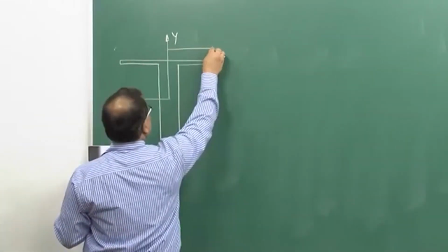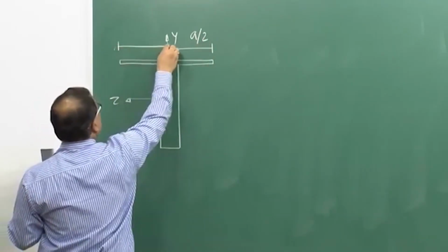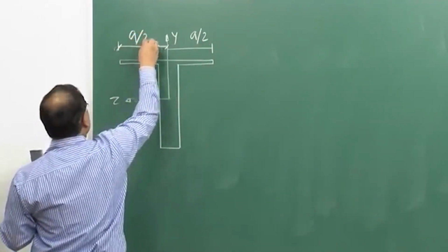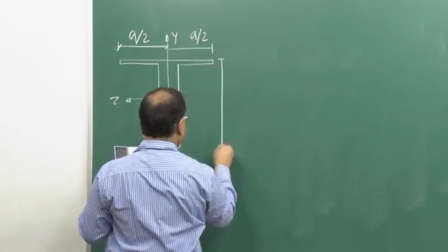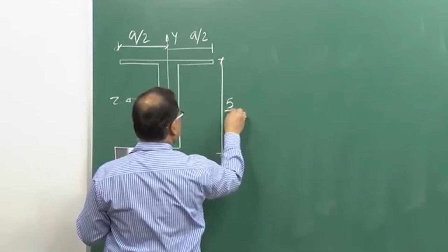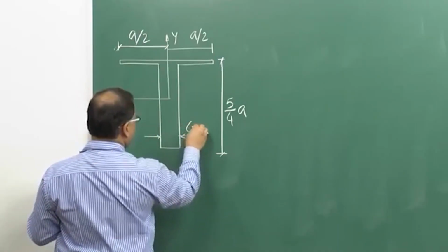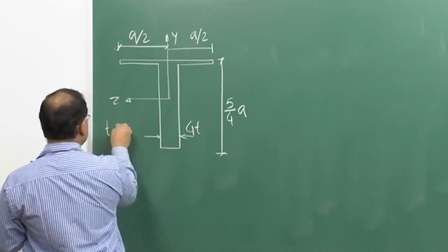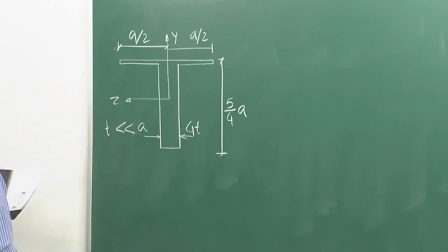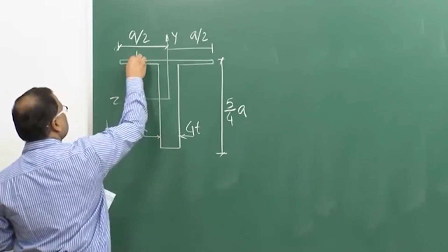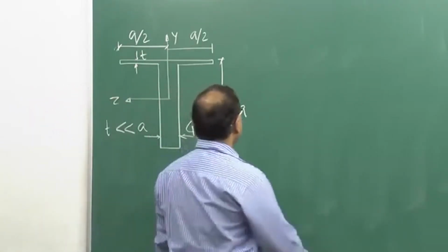So, this is given by a by 2, this is given by a by 2, this is given by 5 by 4 a, this is 4T, and it is given in the problem that T is very less than a, and the thickness of the flange is T.